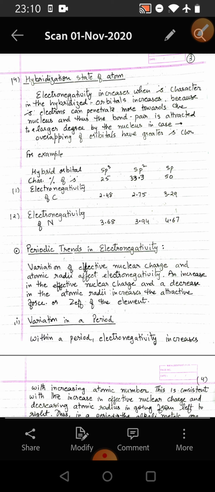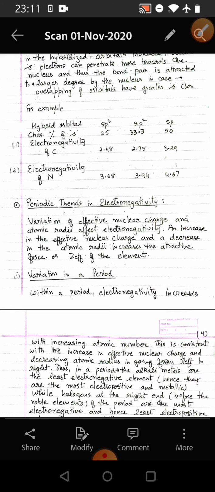So, we see the electronegativity of carbon goes from 2.48 for sp3, 2.75 for sp2, and 3.29 for sp. Thus, the electronegativity of carbon increases as the s character in the hybrid orbital increases.